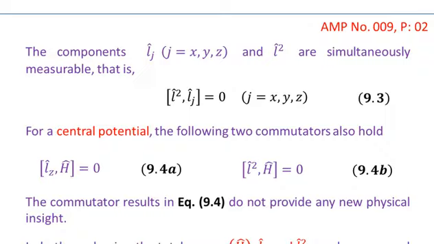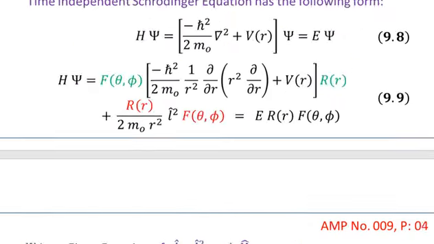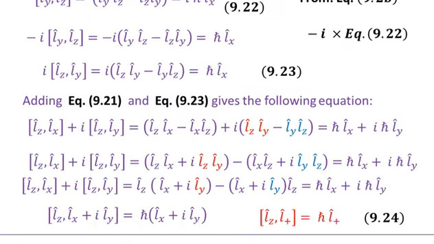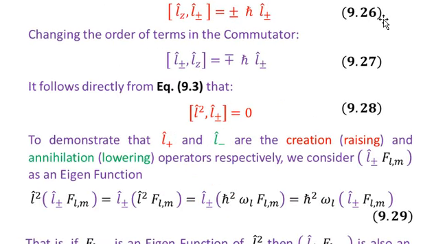So using this condition, I can directly write that the commutator of L square with L plus and L minus, that is with the raising and the lowering operator, will be equal to 0, because L plus and L minus both involve Lx plus minus iota Ly, and with both Lx and Ly individually, the commutator of L square is 0, which was shown in equation number 9.3.